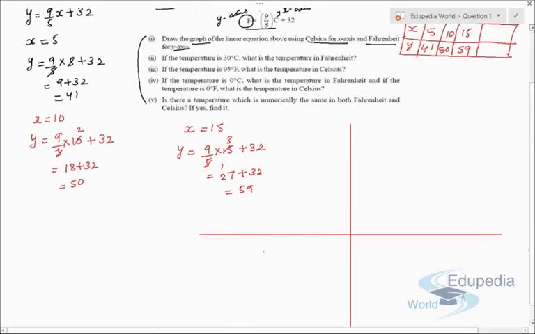The box value says we have x as 5, y as 41, x as 10, y as 50, and x as 15, y as 59. So if we see the values of x and y, it's very large, so we have to take a gap of big numbers. So we can start from 0 over here, and we move like this.